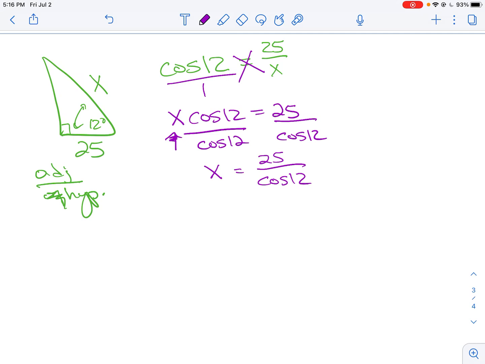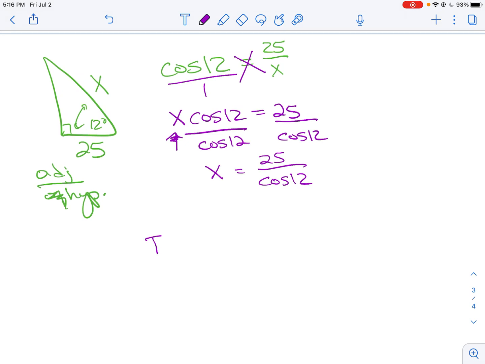If you have the Desmos calculator, you put it in just as it is. If you have the phone calculator, you would say 25 divided by parenthesis 12 cosine equals.